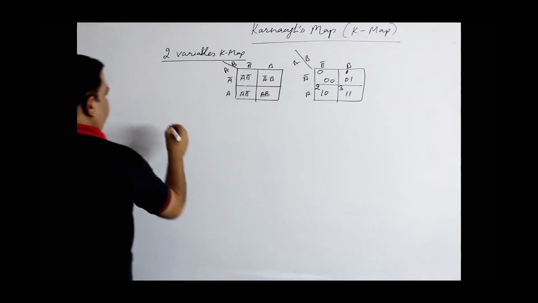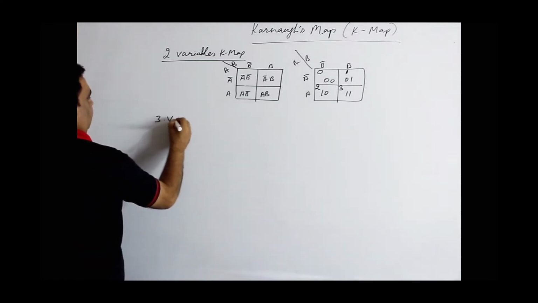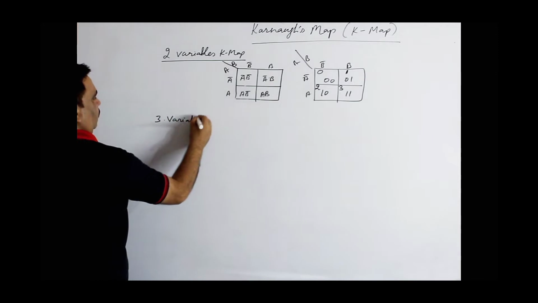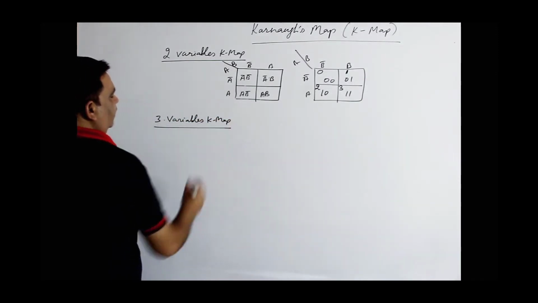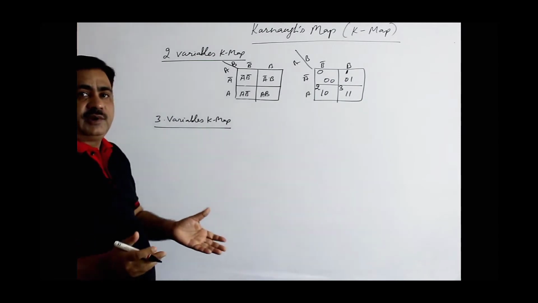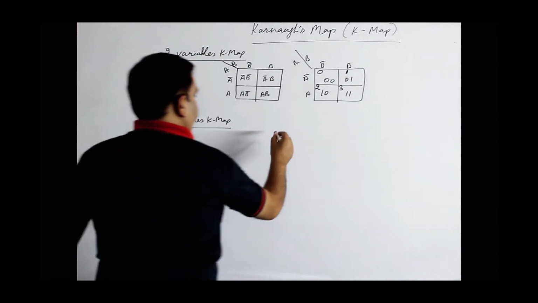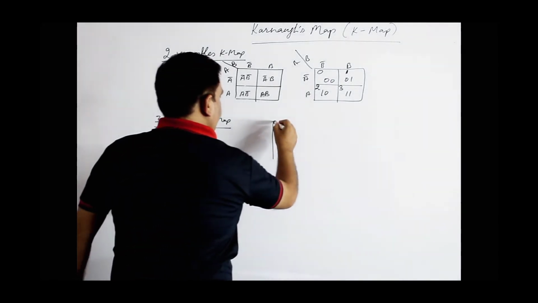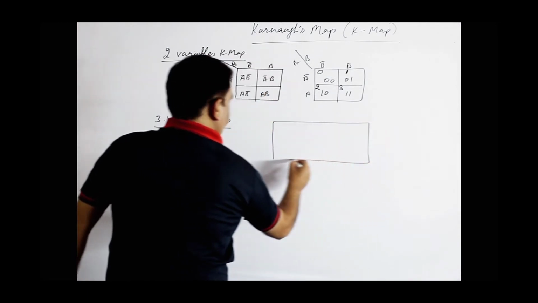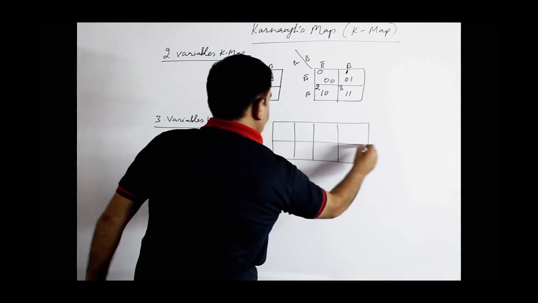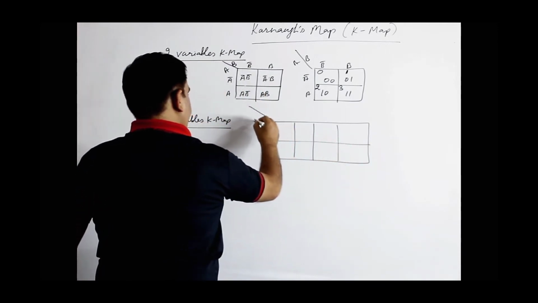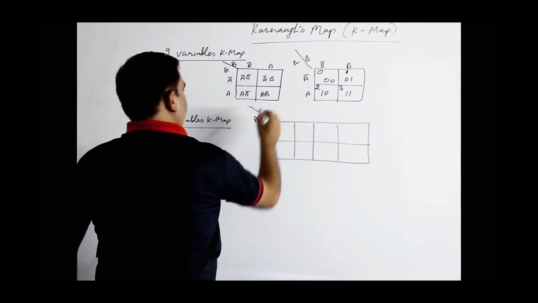Now, 3 variables K-map. For this, you need 2 raised to power 3, total 8 columns. This side you can write A, this side you can take 2 variables.